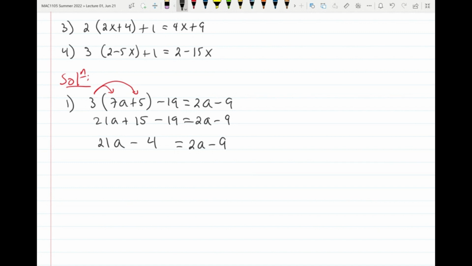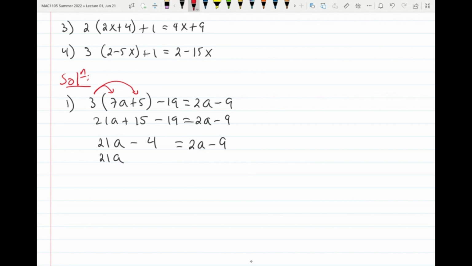Now, instead of bringing everything over here, because we know that then we're going to start sending stuff to the other side anyways, what we should do is, we want to solve for a. So the variable that you care about, which is a, collect all of the terms with that variable on one side, and whatever doesn't have a, send it to the other side. In other words, this guy, I'm going to bring it over here, and this guy, I'm going to push it over there. You understand this? And remember, you're allowed to move things around.